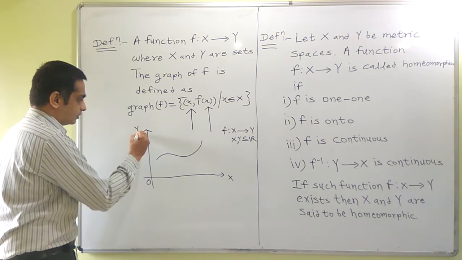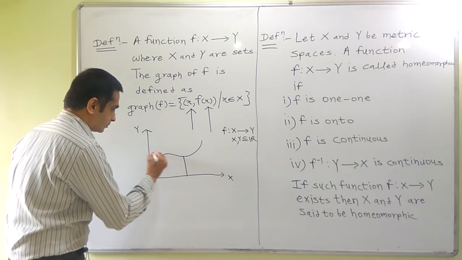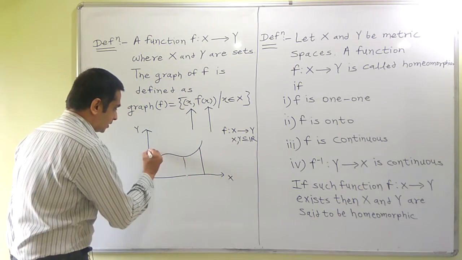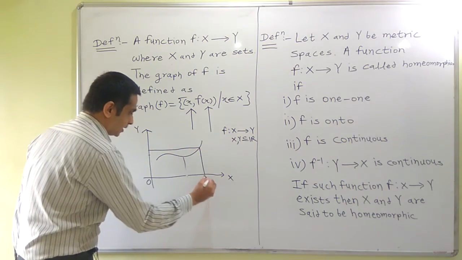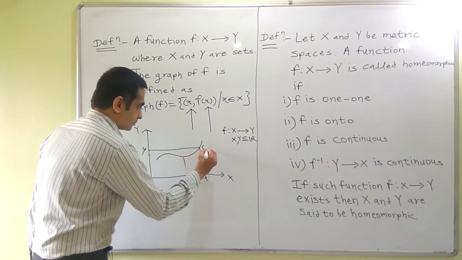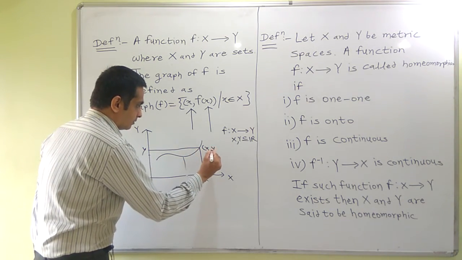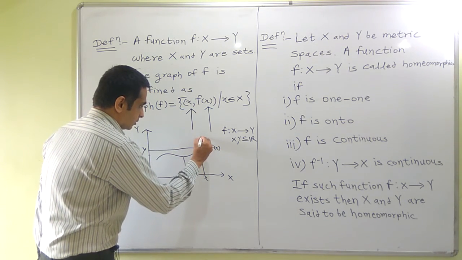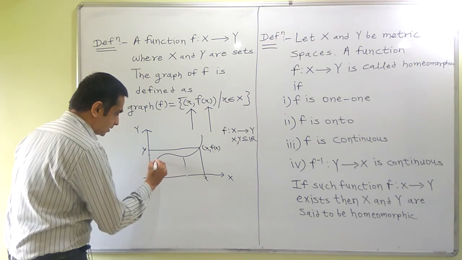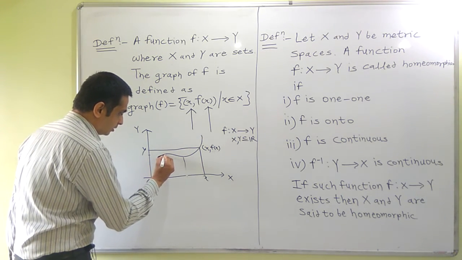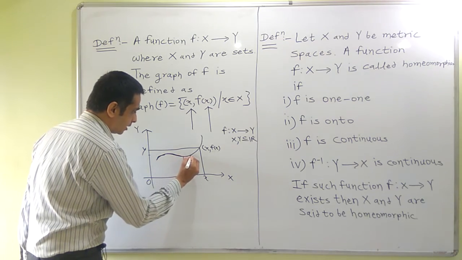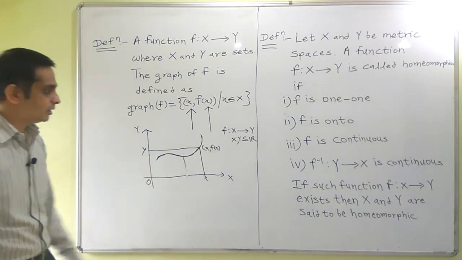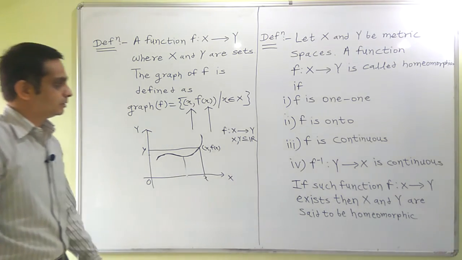It consists of all ordered pairs (x, y) where y equals f(x). If we collect all such points, then we obtain the graph of f. So this curve we can call the graph of f for real valued functions of real variables.